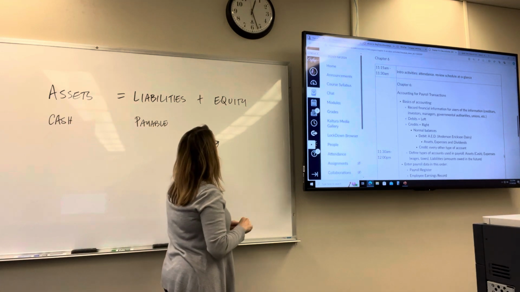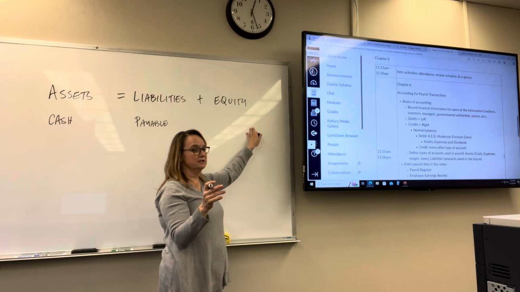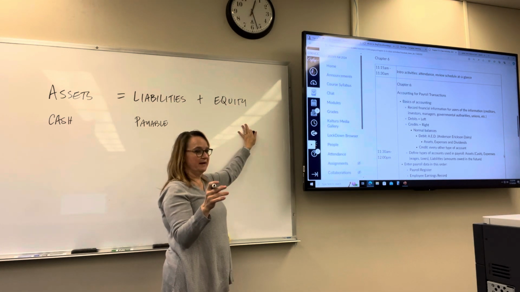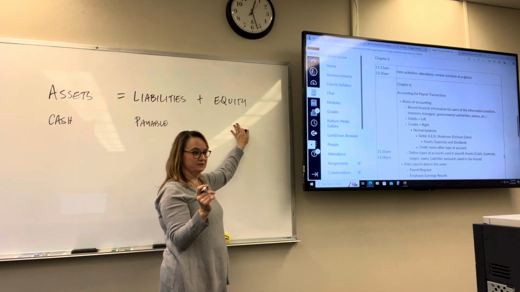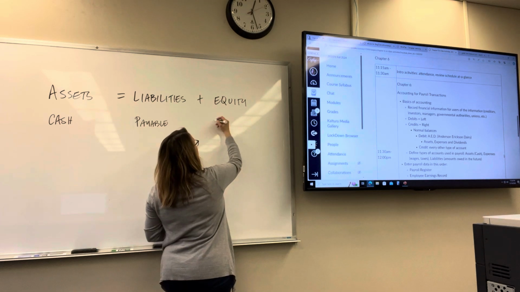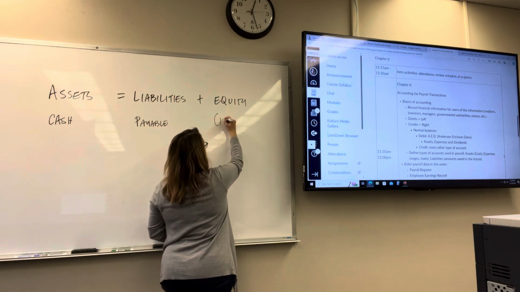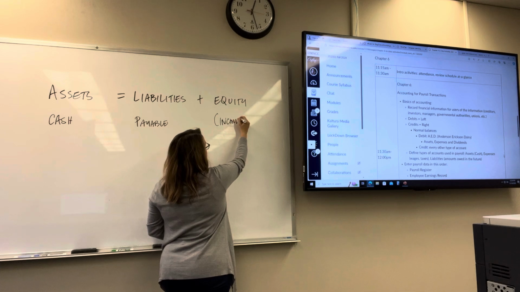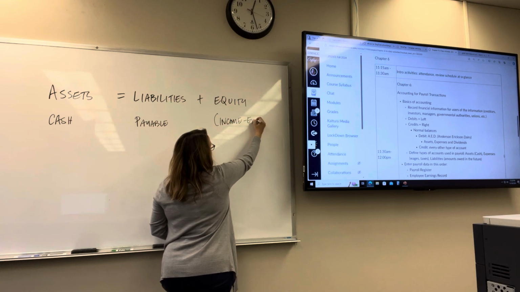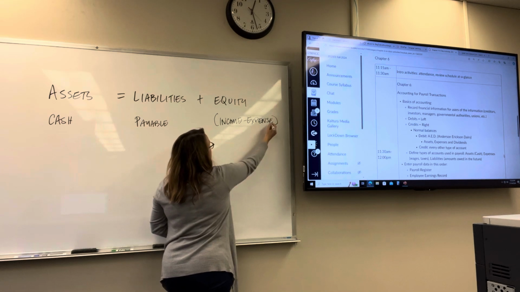Equity, under equity we have, and this seems kind of weird because this is a balance sheet and we don't have expenses on a balance sheet, but we do have expenses on a balance sheet, and it comes in the form of equity. Okay, so included in our equity is income minus expenses from a very simplified perspective.